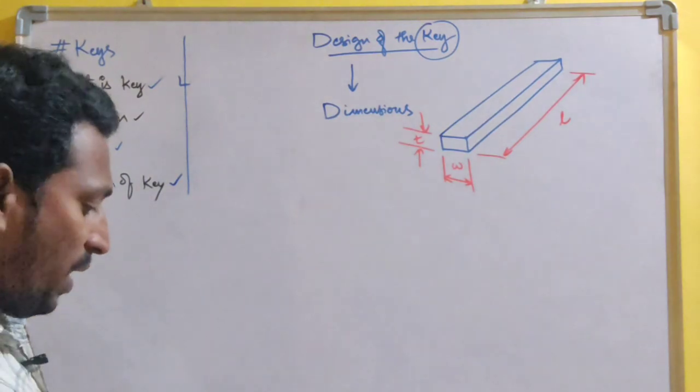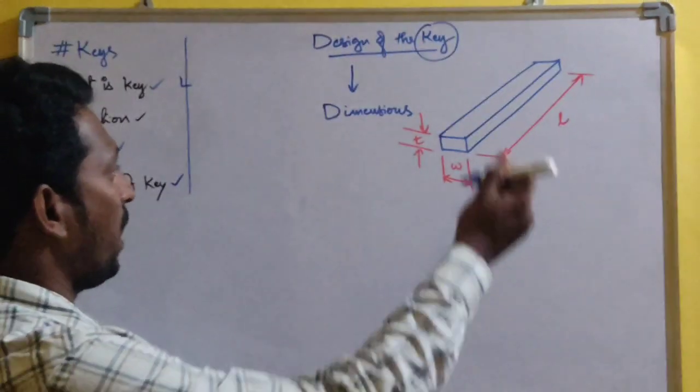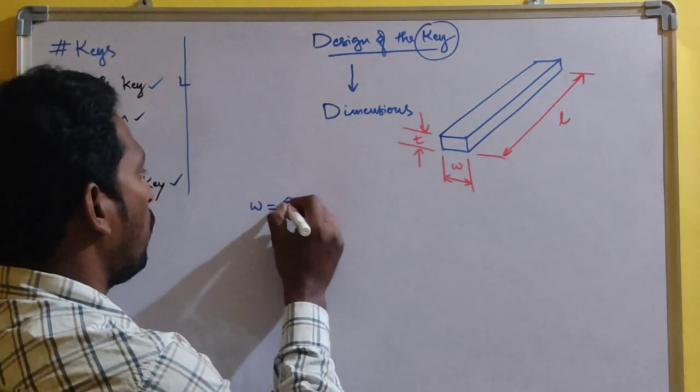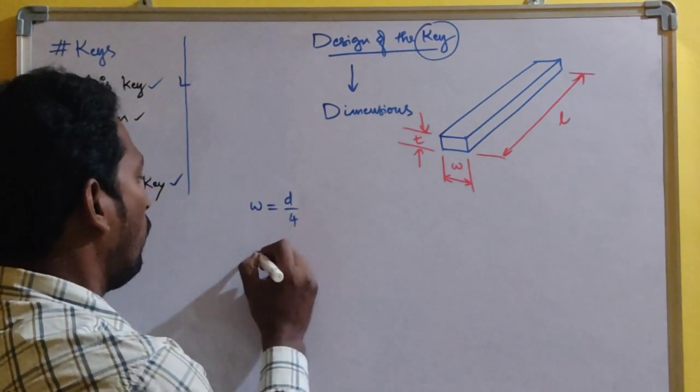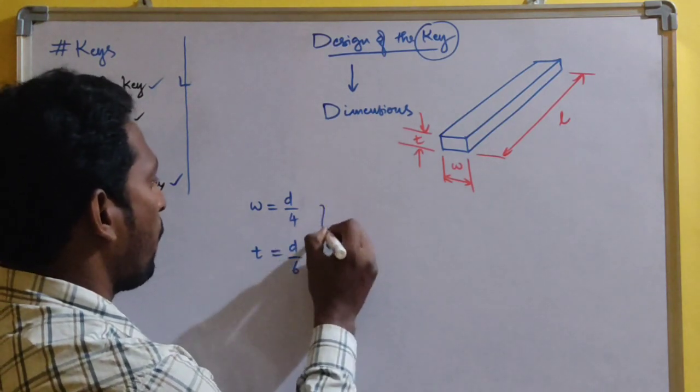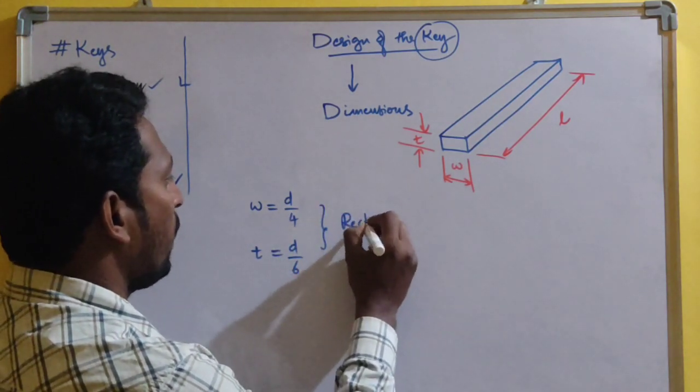Here we have direct formulas: width equal to d by 4 and thickness equal to d by 6 for the rectangular key.